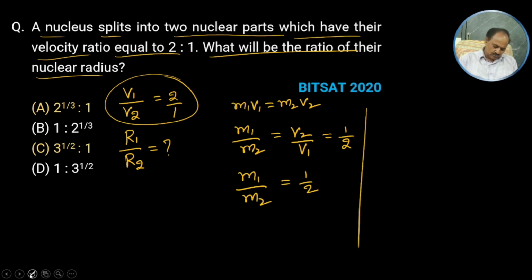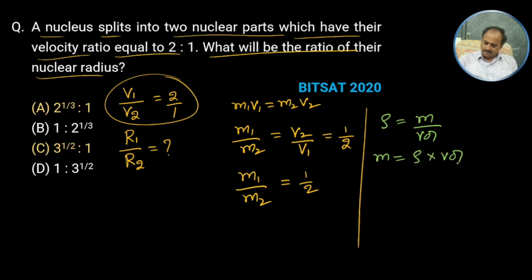But as we all know, density rho equals mass by volume. From this, mass equals density multiplied by volume. Then mass of the first nuclear part, rho 1 into volume of that particle, divided by rho 2 into volume of the second nuclear part, equals 1 by 2.